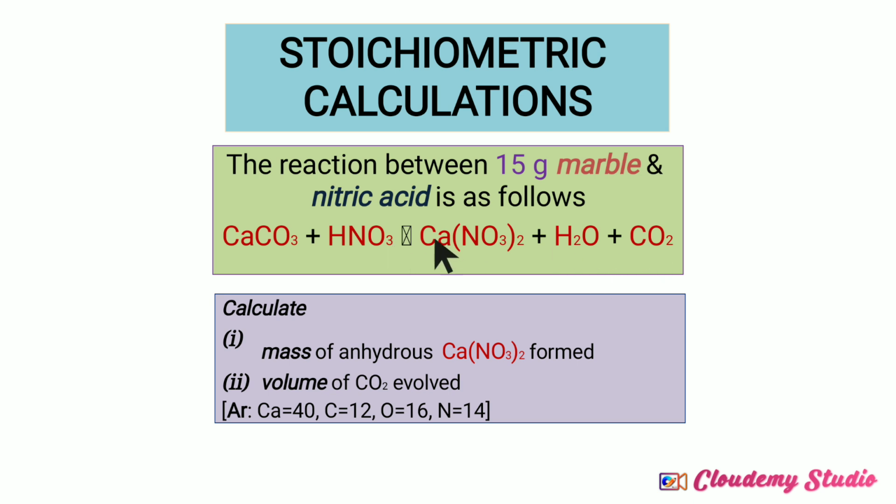In this reaction, we need to calculate the mass of anhydrous calcium nitrate and the volume of carbon dioxide evolved, and the relative atomic masses of calcium, carbon, oxygen, and nitrogen are given. Using that, we can work out this problem.